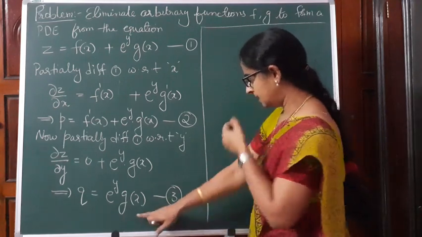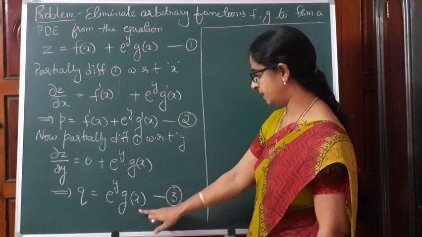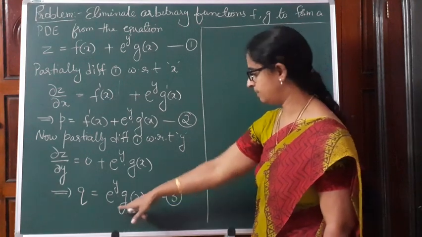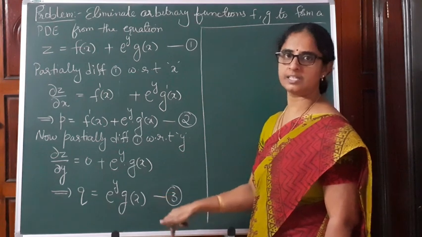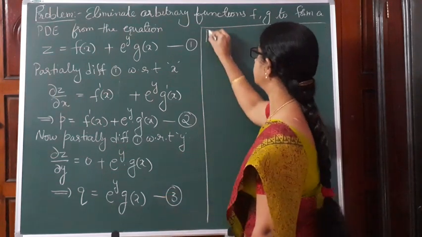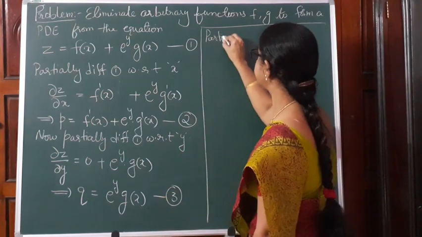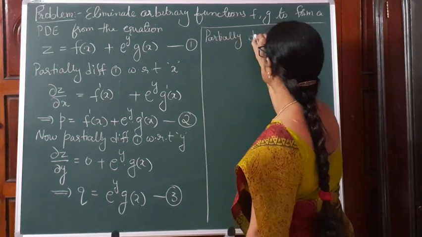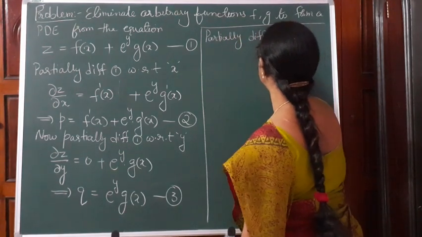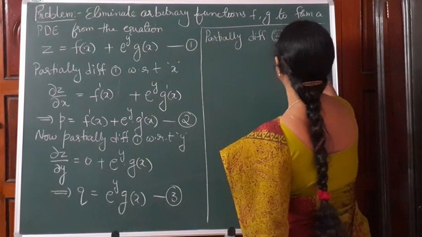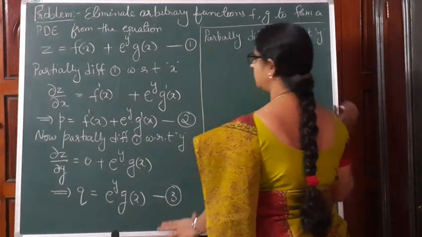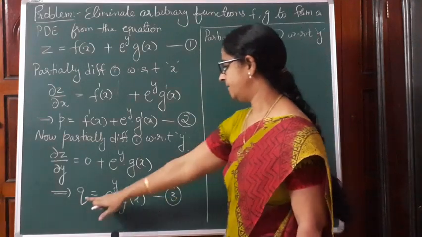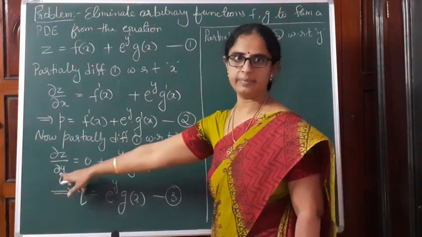So I think in this case, if we differentiate with respect to y, this is a simple term here. So we differentiate equation 3 with respect to y. Partially differentiating equation 3 with respect to y, what happens? q is dou z by dou y.